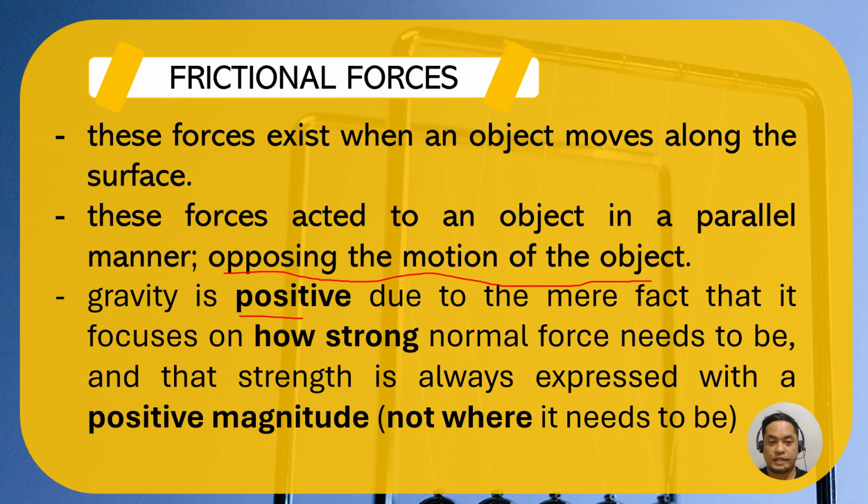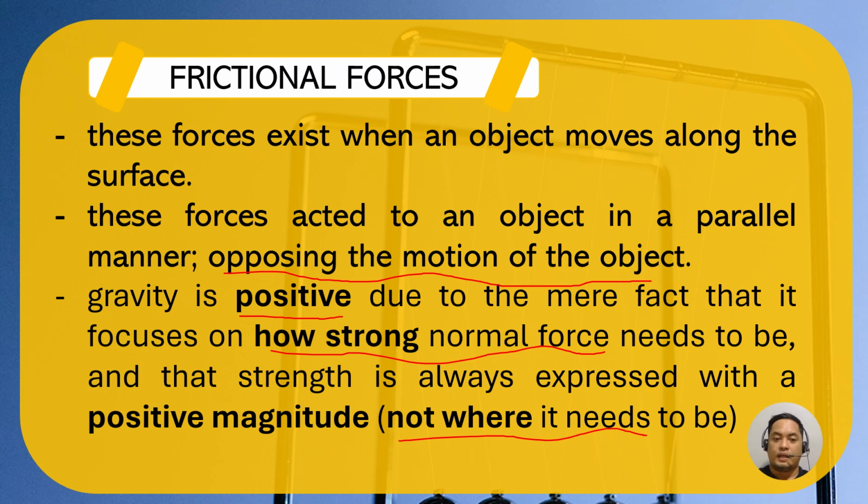Let's agree that it's positive because we are focusing on how strong the normal force would be, not where it needs to be. So we're not dealing with the direction of gravity this time. We're not making it negative, but positive, because we want to focus on the value or magnitude of our normal force.